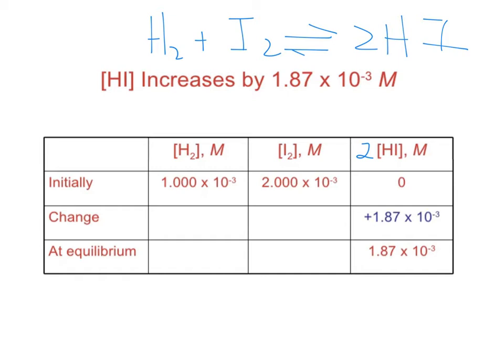Now we are in a position to write down what changed as the reaction progressed to equilibrium. And this is where the equation can be very helpful, because we have H2 plus I2 makes 2HI. Our coefficients in this equation are 1 H2 plus 1 I2, chemists never write the ones, makes 2 HI. So that means we have 1 mole of H2, and I'm going to just say that's X, because it's just one thing.